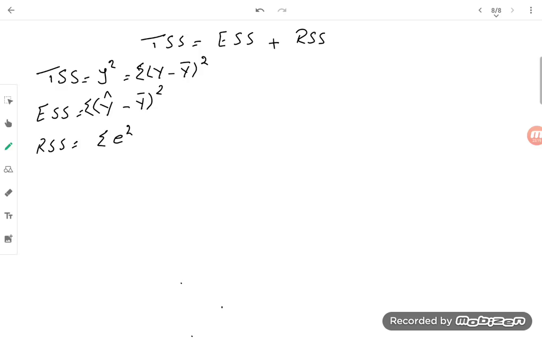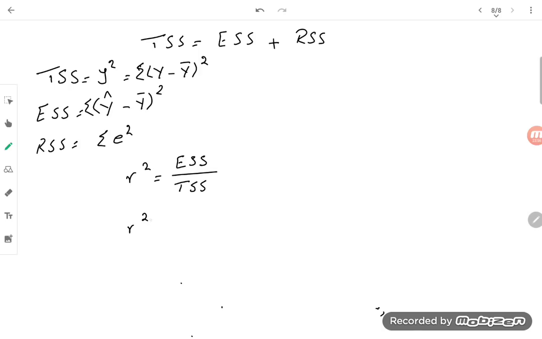So now we would like to calculate the percentage of the total that has been explained. So R squared can be calculated as explained sum of squares divided by total sum of squares in order to find the percentage of total variation that has been explained by the independent variable.